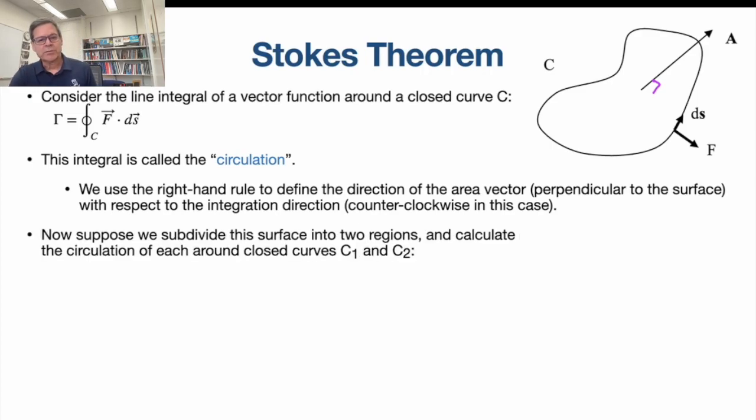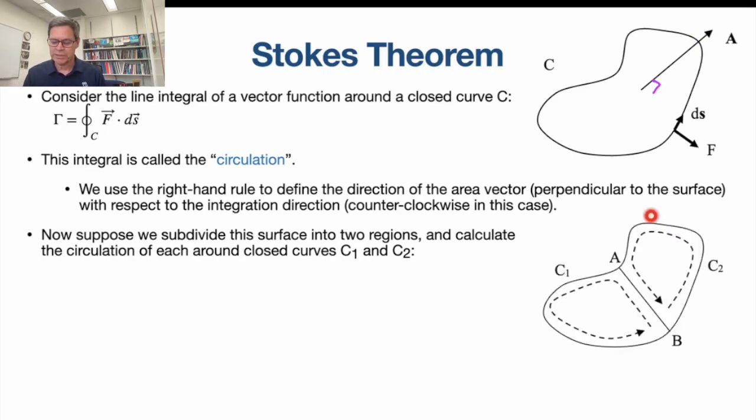Okay. So we have that integral we want to compute. Let's subdivide this surface delineated by the curve C into two regions, C1 and C2. I've drawn that here, and I've just cut it in roughly half. So here's region C1 and here's region C2, and we can separately compute the circulation of each subregion.